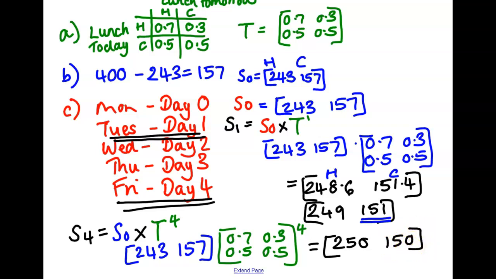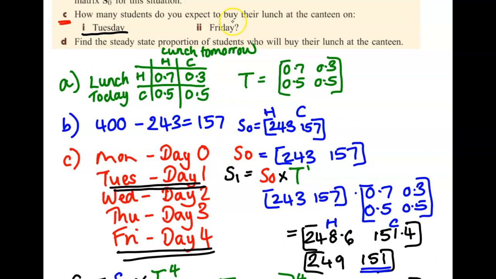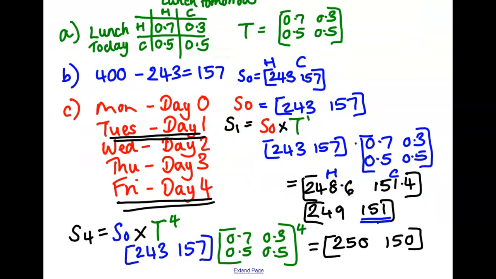So if I go back to the initial question, how many students do I expect to buy their lunch at the canteen on Friday, making sure that I remember that this is home, and this is the canteen, I know that on Friday there were 150 students who bought their lunch.